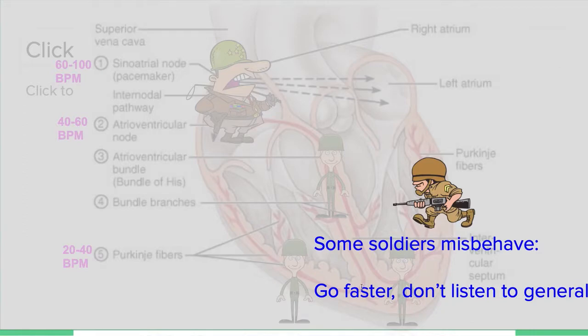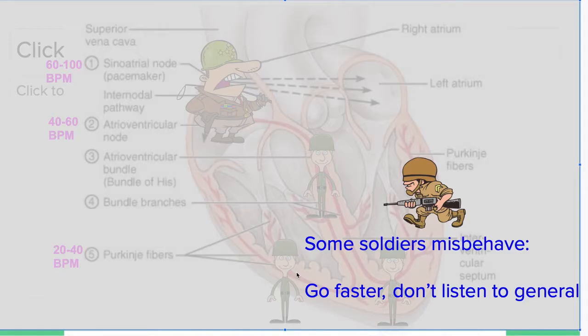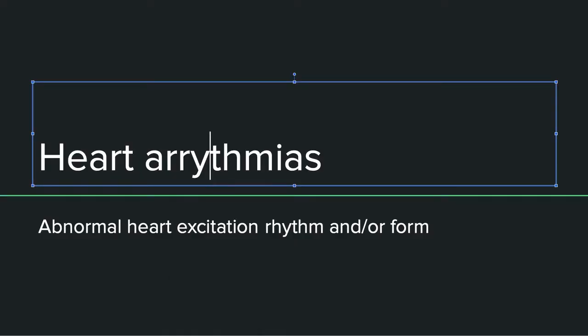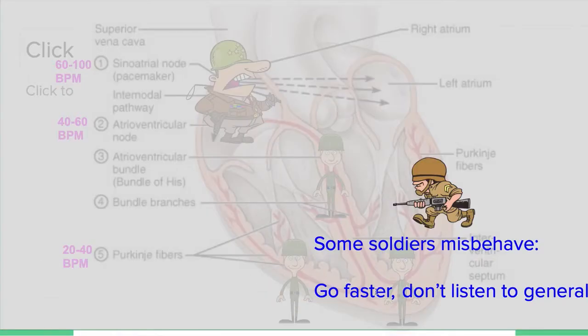Often what happens is that they go outside the chain of command, and sometimes they'll have action potentials much more quickly than they should, and they do that without listening to the general. So these are the two general features of things that could go wrong.